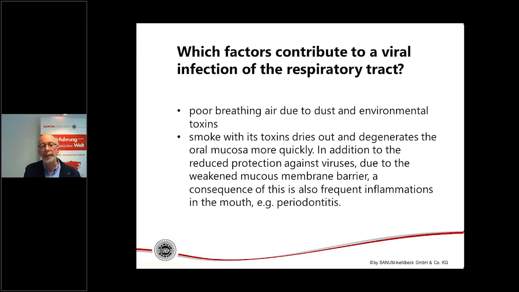In viruses that attack the respiratory tract, damage to the first barrier is one reason for the increased incidence of lower respiratory tract diseases. In addition, patients with chronic lung diseases such as COPD and asthma are particularly at risk.